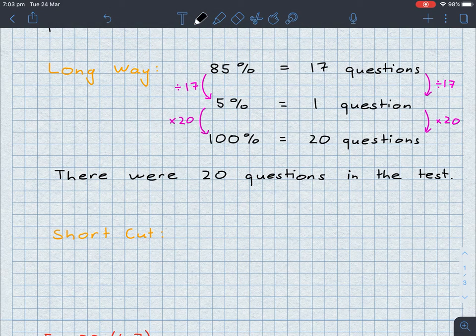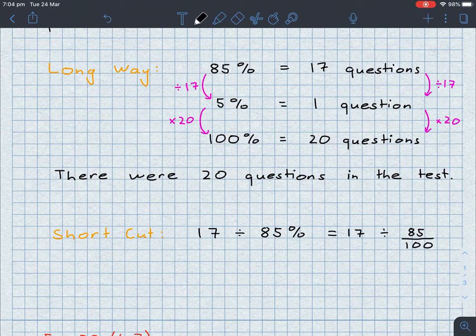Now, the shortcut is, we say there were 17 questions on the test, and that was 85%. So what we're going to do is just divide 17 by 85%. So that means what we type in our calculator is 17 divided by 85 out of 100.